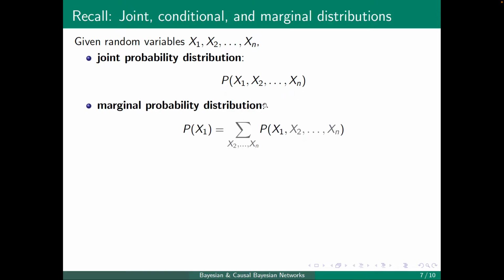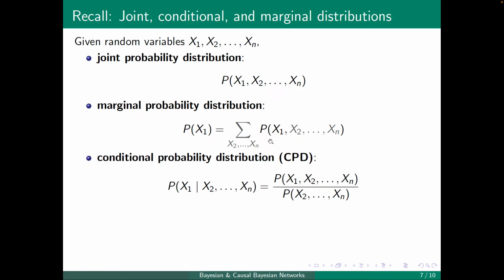Marginal probability distribution is when you marginalize out some variables. Like in this case, if we're only interested in the probability of x1, then I will sum these whole probabilities over the different values that x2 to xn can take. Okay, and then I will end up with just x1.